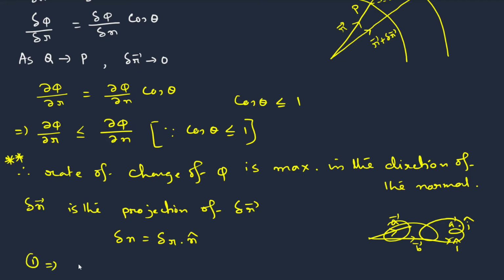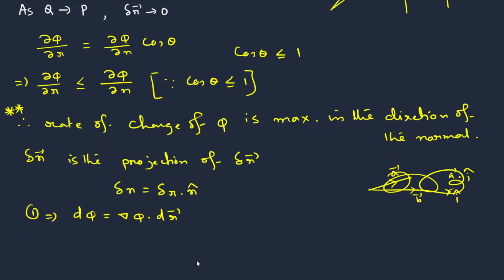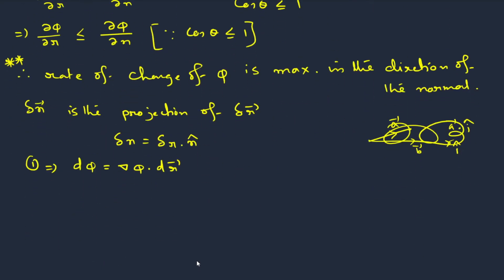Now we have one relation, equation number 1, which is d phi equals nabla phi dot dr bar, I think you still remember. Now we have to take this particular relation, in place of d phi. D phi means del phi by del x dx plus del phi by del y dy.